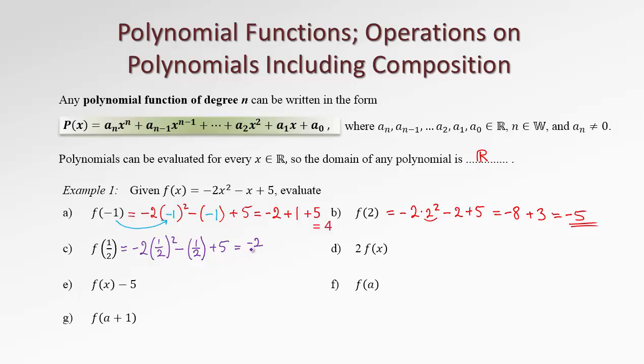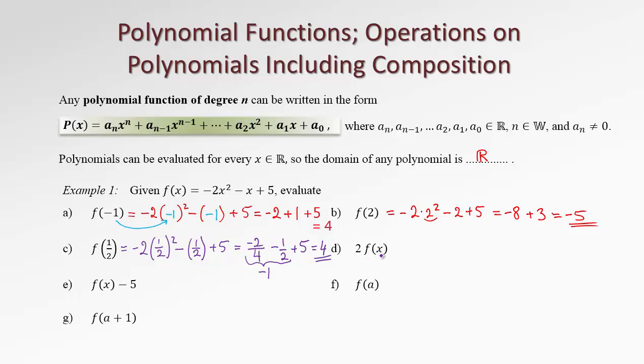So that's the same as -2 over 4 when we multiply. Minus 1/2 and plus 5. Notice the -2/4 is the same as -1/2. So this -1/2 and that -1/2 gives me -1 altogether. Therefore, 5 minus 1 is 4 as a final answer.